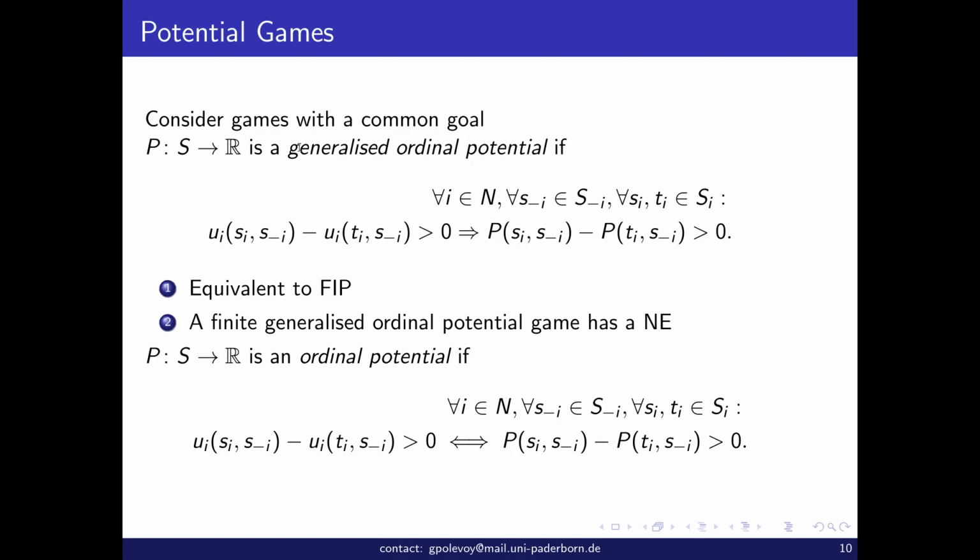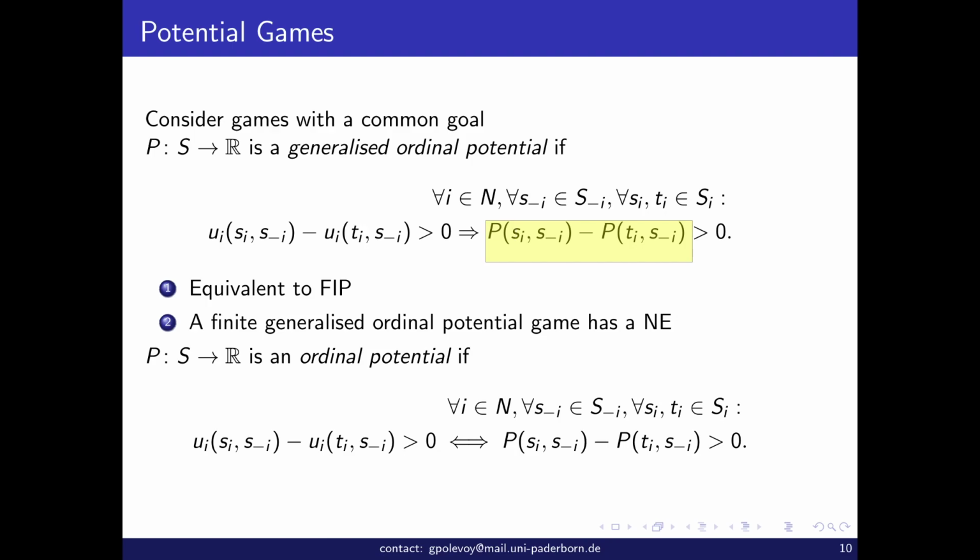And the generalized ordinal potential means that for any profile and any player i that changes from s_i to t_i, if the utility change for that player is positive, then the change of that function is also positive.